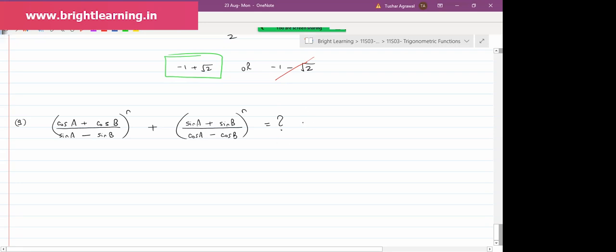Simplify. The answer will come in two cases. Just try to simplify. If you get the two cases by yourself, it's very appreciable. If you don't get the two cases by yourself, then I will tell. Two possible answers will be there.